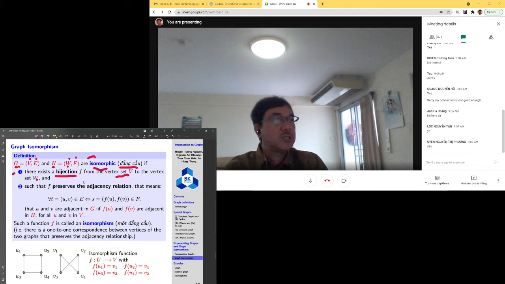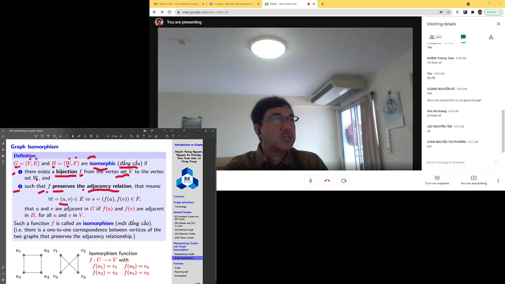So V from G and W from H, the bijection from one graph to another graph. Not only that, the bijection F here, however, must maintain or must preserve the adjacency relation as well. So you can define any bijection between two sets with the same number of elements, but the second condition here is special. Okay, the bijection from V to W maintains the adjacency relation.